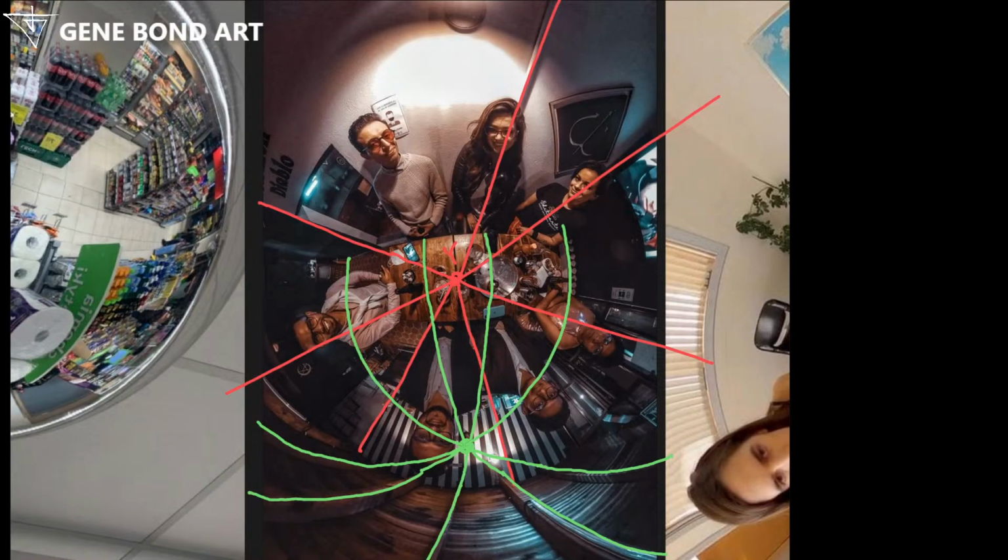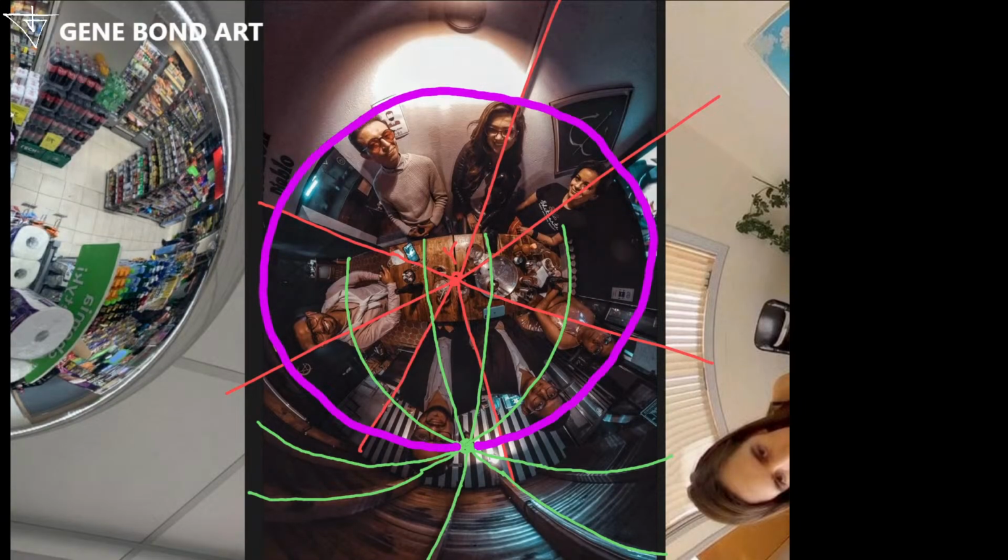So what I assume, first of all, I know this kind of circle of eye level will go like this, right?